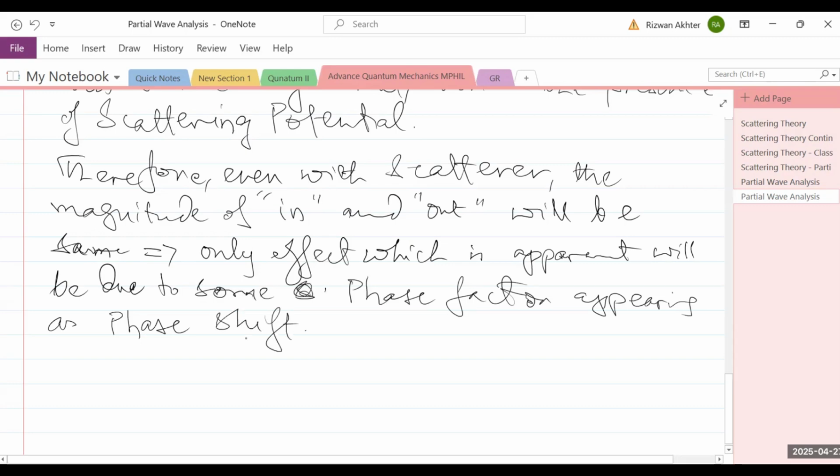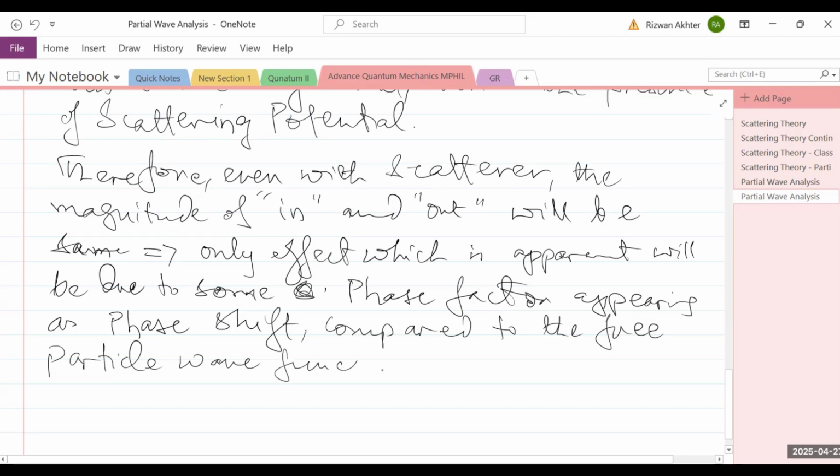So this would appear as a phase shift compared to the incoming particle, compared to the free particle wave function. Okay, then we go to the next part.